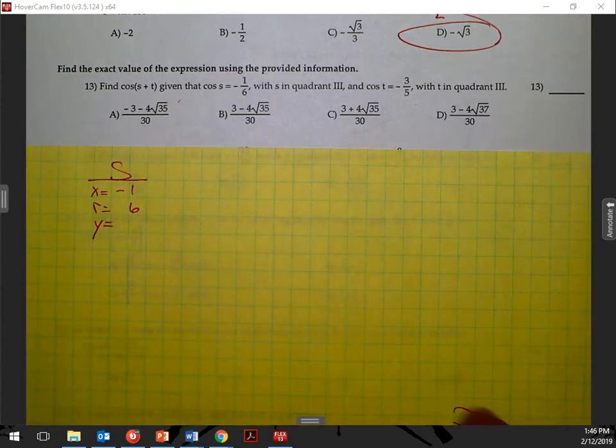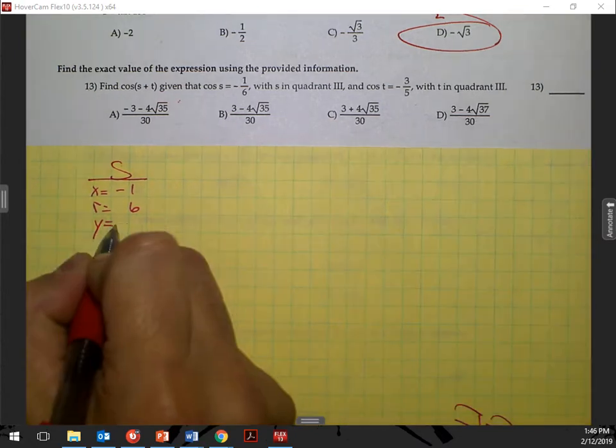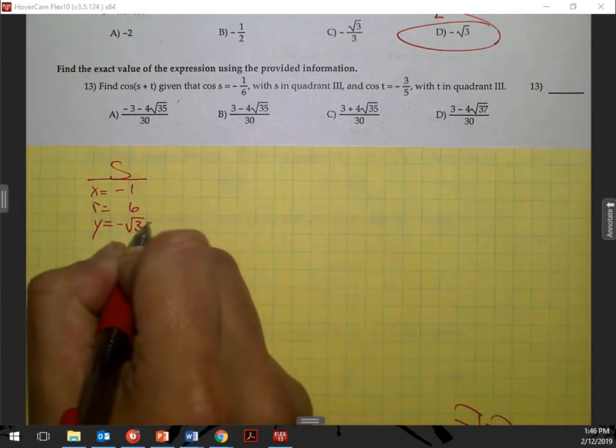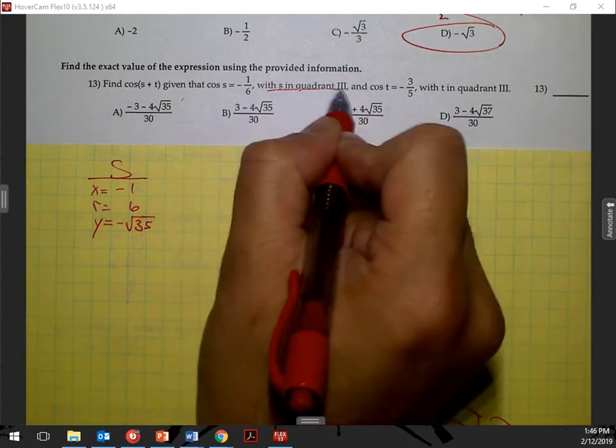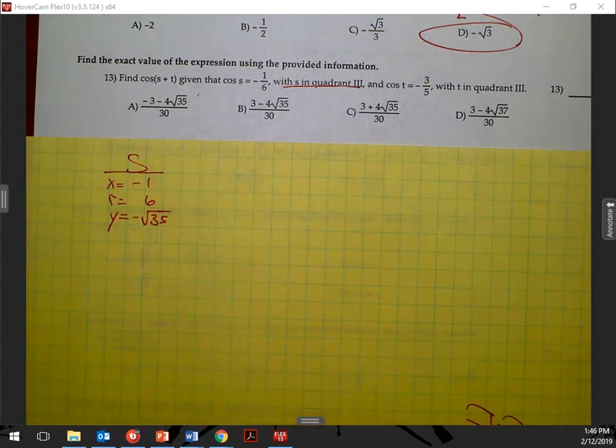Y equals what? Y equals rad 6. Nope. Negative rad 35? Why is it negative? Did you guys do the Pythagorean theorem? This is in quadrant 3. Everything is negative in quadrant 3.